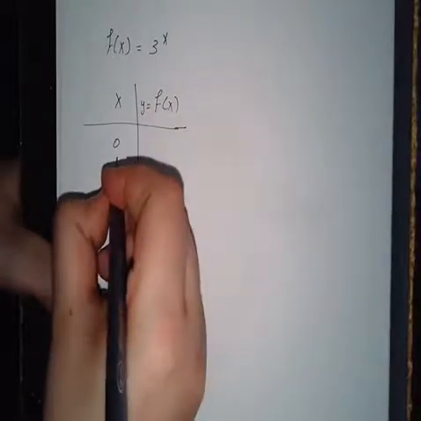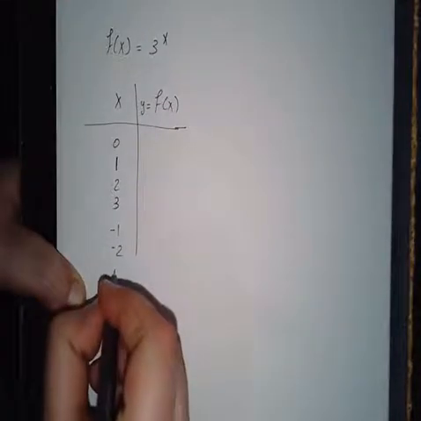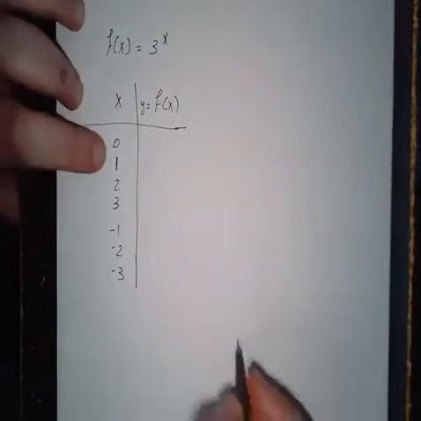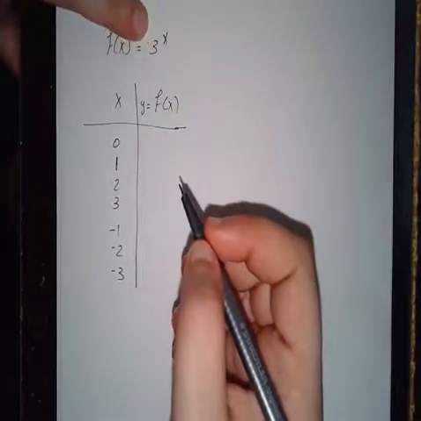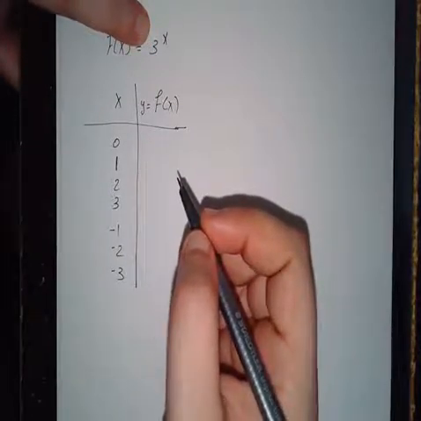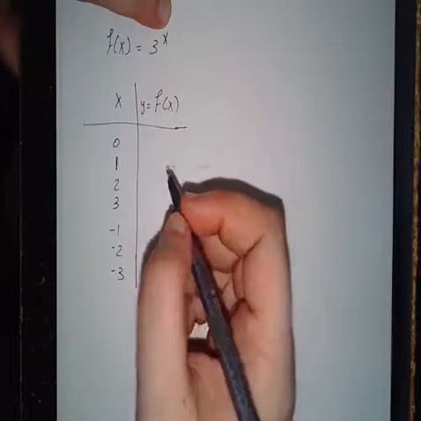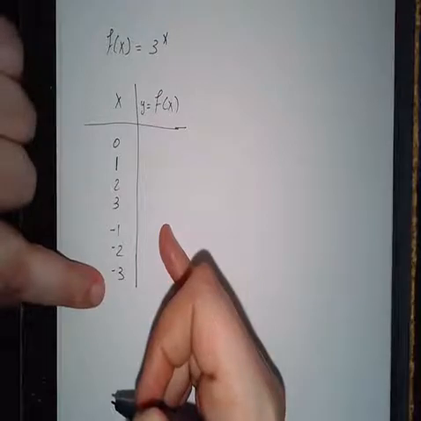So we're gonna choose a few positive ones and a few negative ones to observe how it behaves for all those values. Okay. Now, I'm plugging these in over here, but I'm not going to substitute the 3 because that's just a number, right? X is the value I need to plug into, which means for each of these it's going to be 3 to the power of the x value I chose.